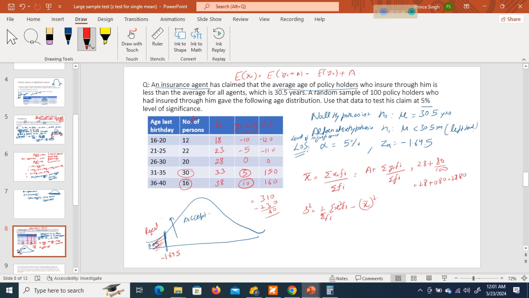Because variance is independent of shifting of origin, the variance of xi is the same as the variance of yi, so this is same as 1 upon n summation fi yi square minus y bar square.